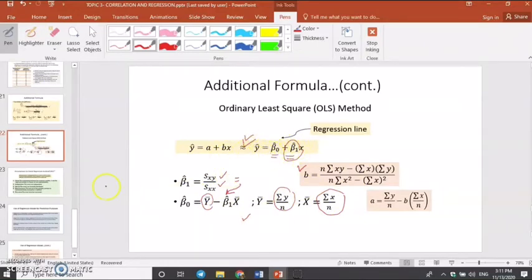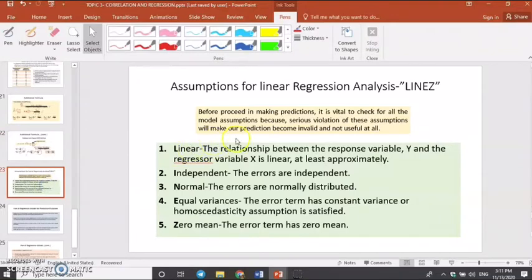Okay, yang ni. Okay, so proceed kepada relationship. Assumption yang you perlu tahu untuk regression analysis. So untuk regression analysis, dia ada linear regression dan ada multiple. Okay, ada dua jenis lah yang you perlu tahu, linear dengan multiple.